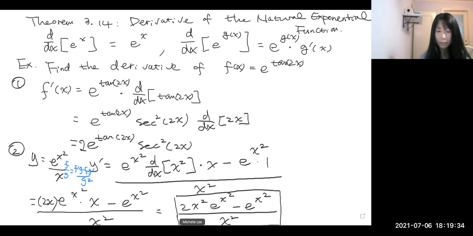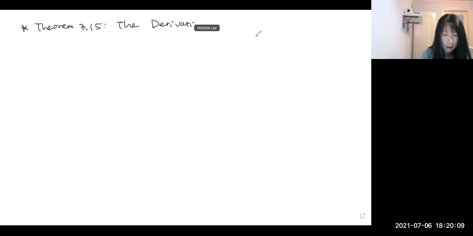Okay. Let me erase. Okay. All right, so this time we have the natural log function, theorem 3.15, the derivative of the natural logarithm function.